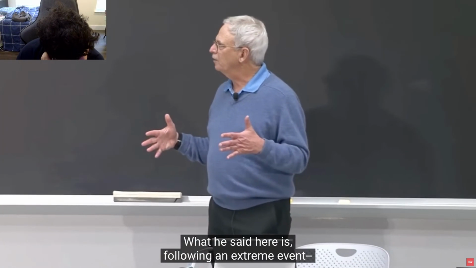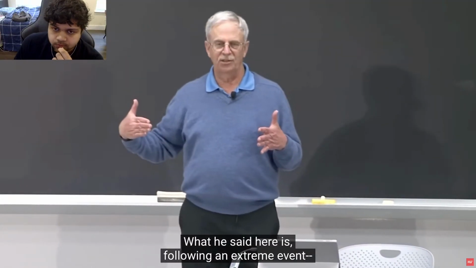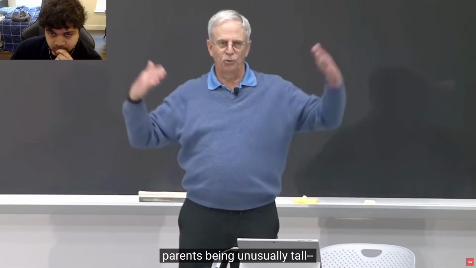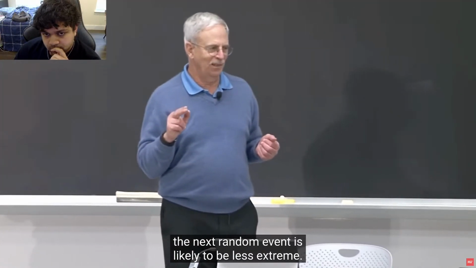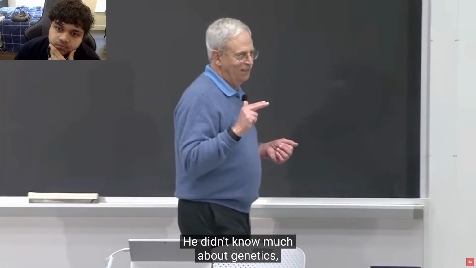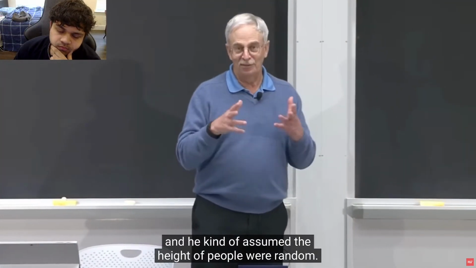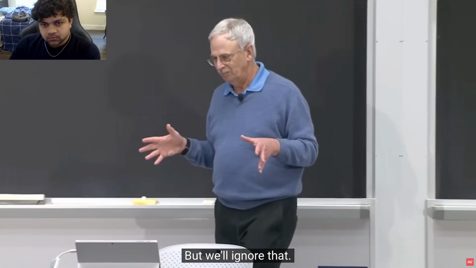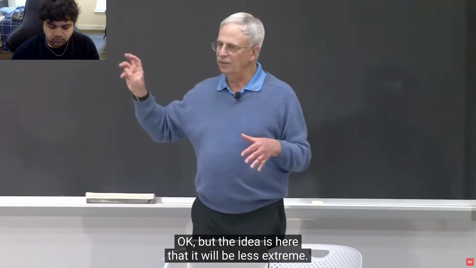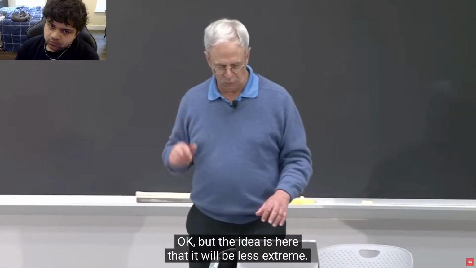What he said is that following an extreme event, parents being unusually tall, the next random event is likely to be less extreme. He didn't know much about genetics, and he kind of assumed the height of people were random. But we'll ignore that. Okay, but the idea is that it will be less extreme.